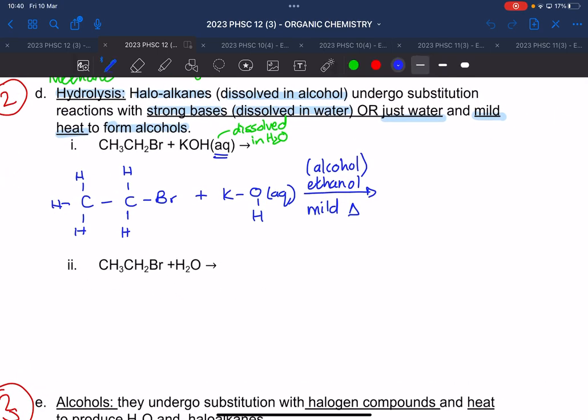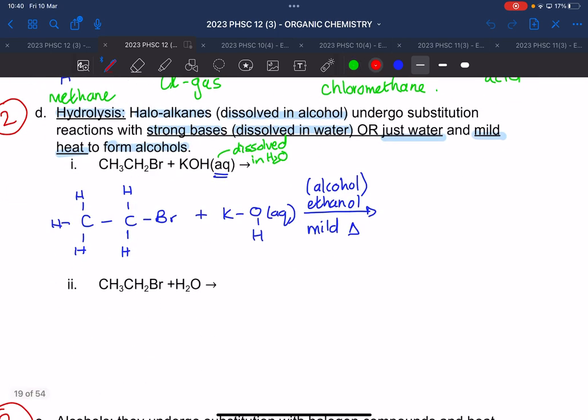Let's look. Obviously the weird thing here is, is its valency negative or positive? This will split up like that: potassium, and hydroxide.